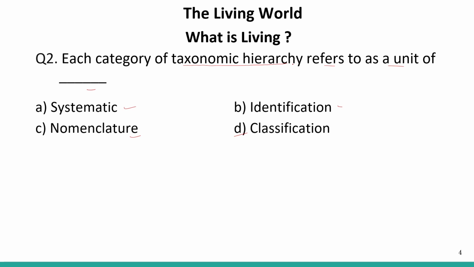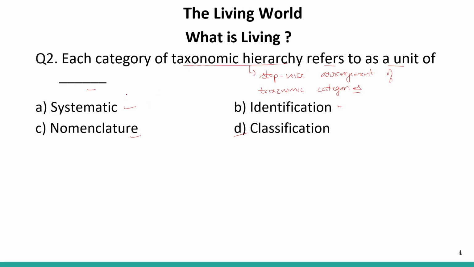So taxonomic hierarchy definition, you know that it is the stepwise arrangement of the different taxonomic categories, or you can say ascending or descending order of the taxonomic categories.